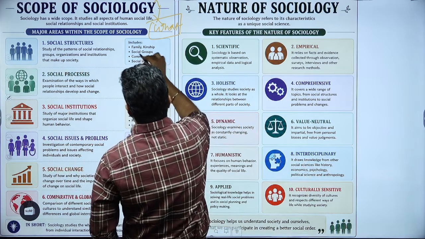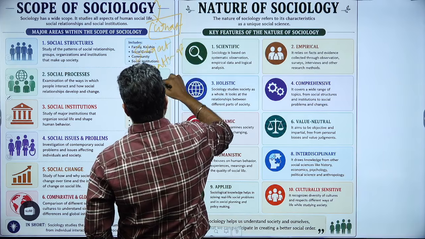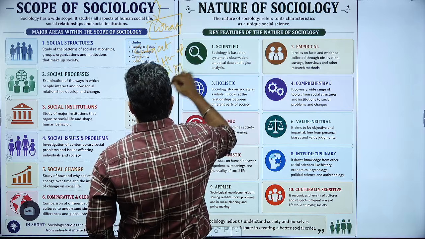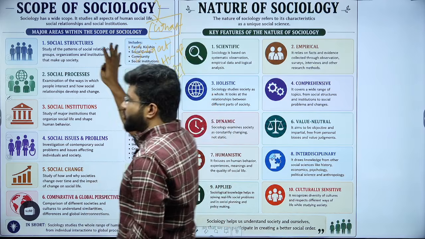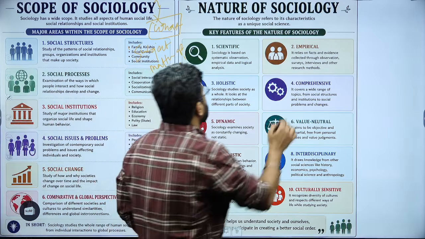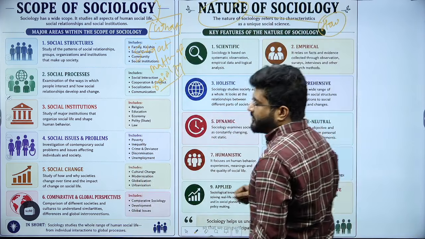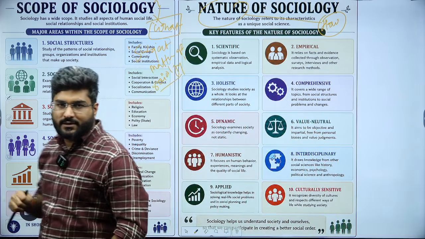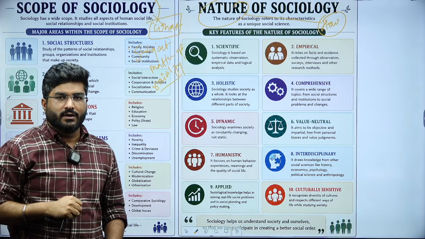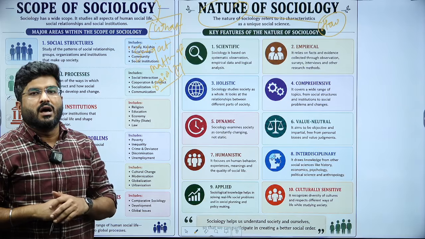What will be the subject matter of sociology? Simply, scope means what sociology is going to talk about. And the nature of sociology means how sociology is going to talk about different social contexts. So scope means what, nature means how.